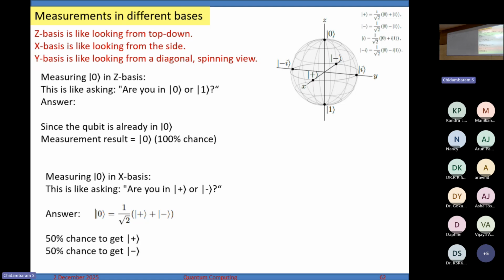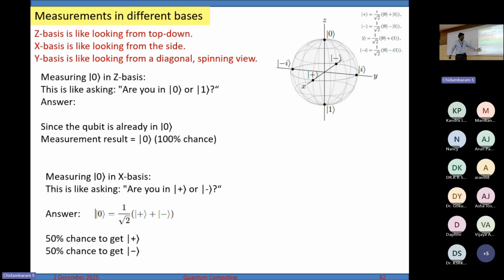People, you should get a doubt. I will not answer because you have not asked the question. I am asking the question, how has this come? If I apply Hadamard, what do I get? When I apply Hadamard over 0, what I get is this. You are asking the question, am I in plus or minus.